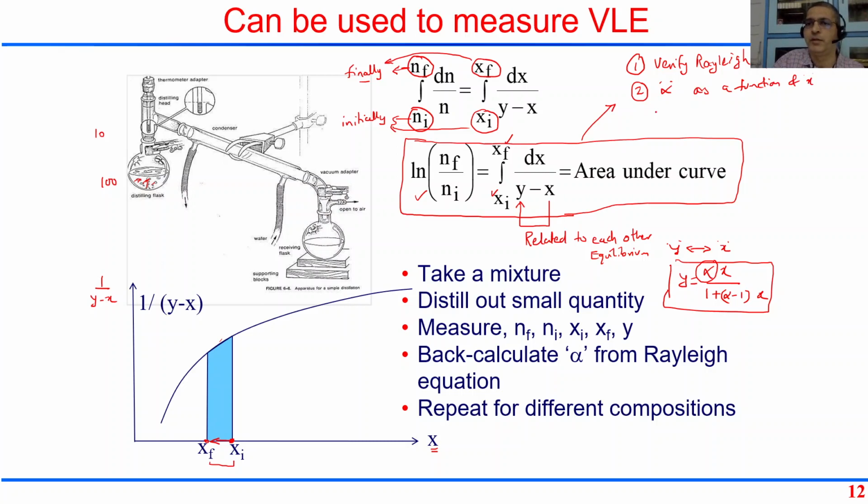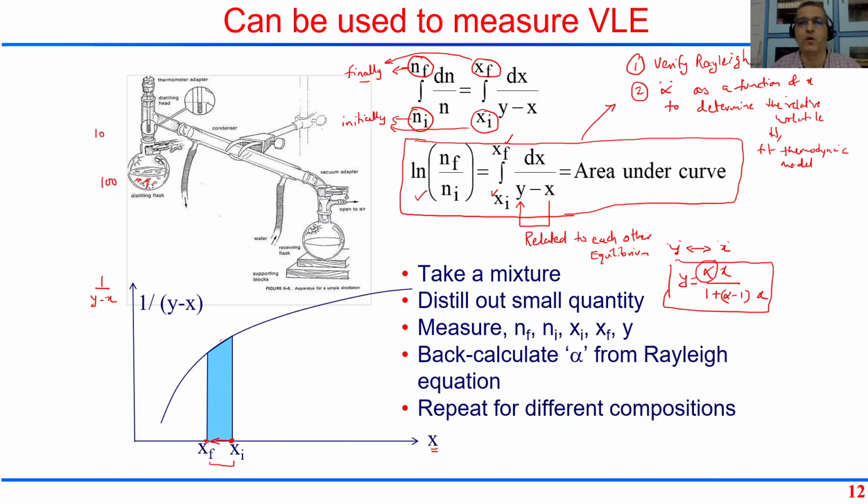So you can use it to determine the relative volatility, and how this relative volatility changes, and then you can fit your thermodynamic model to this.